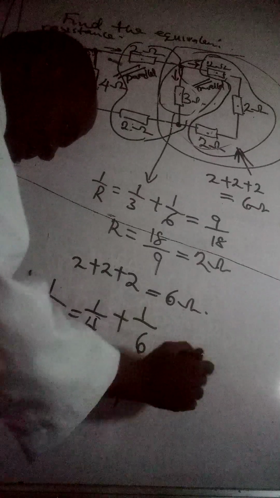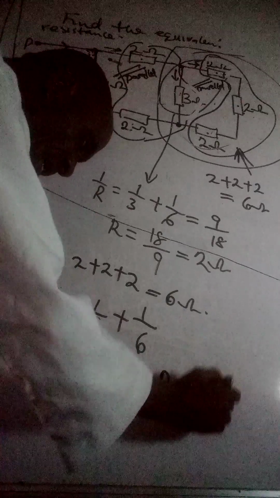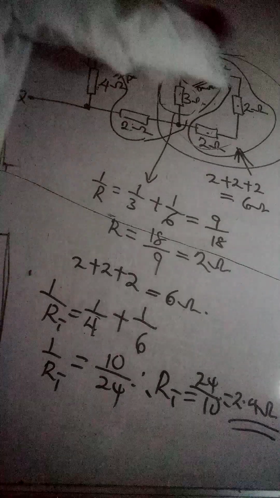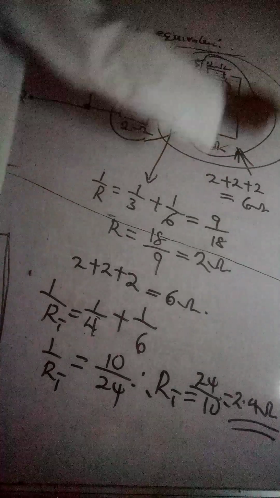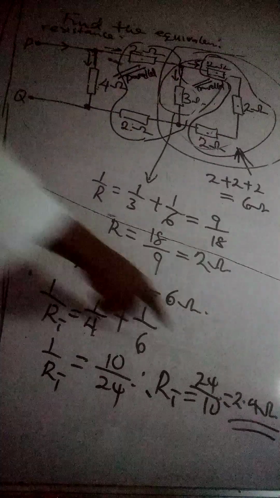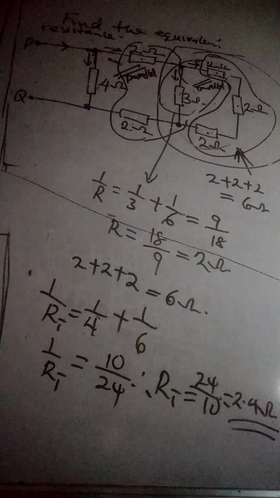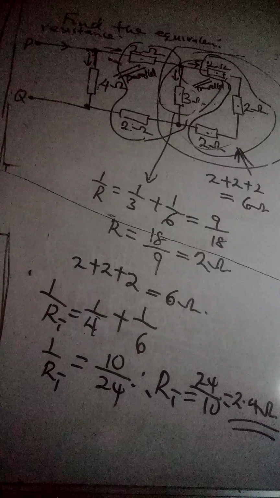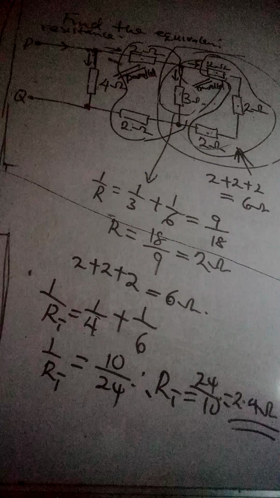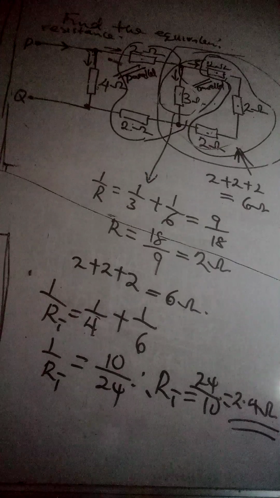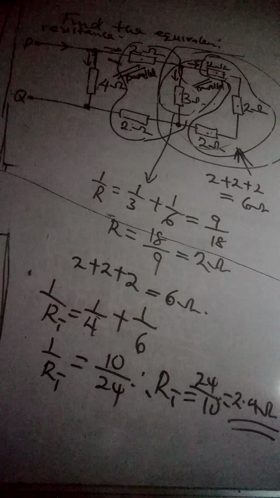RT will now be 24 over 10, which is 2.4 ohms. So that means the whole of the resistance combined together, all these resistances combined together will be what? 2.4. So that will be the end of resistors arranged in parallel and in series.